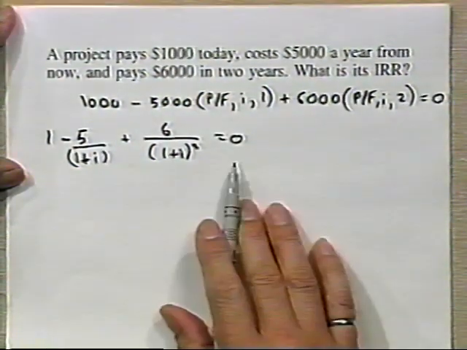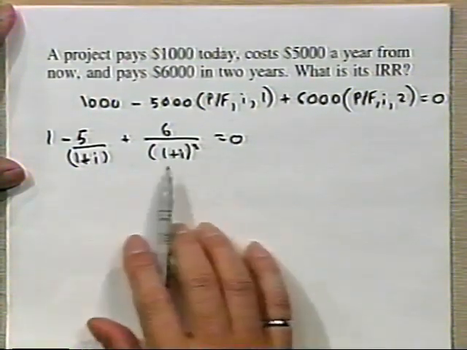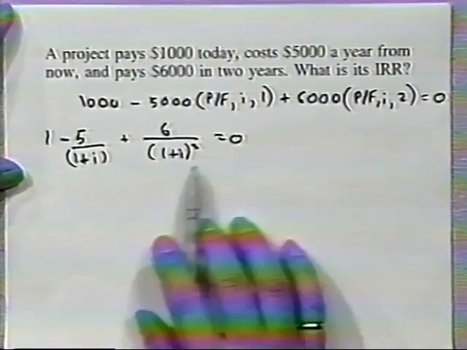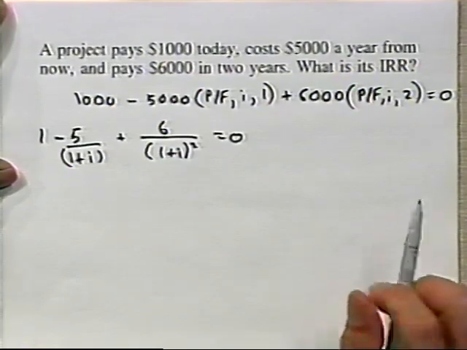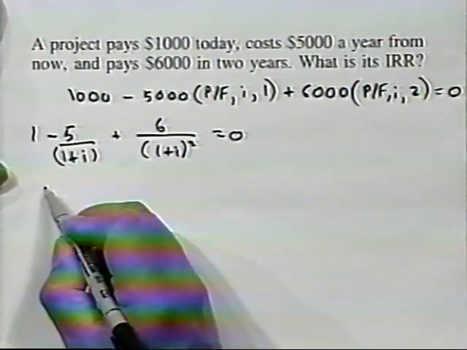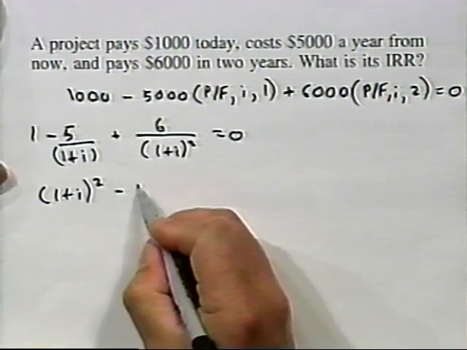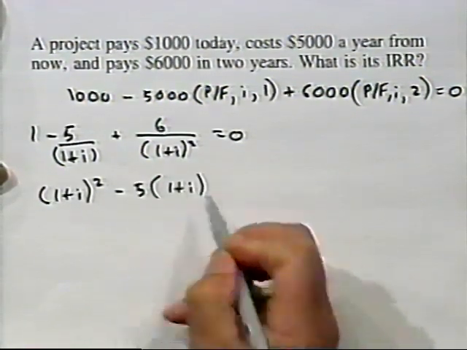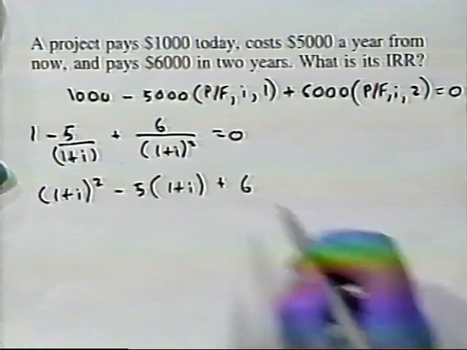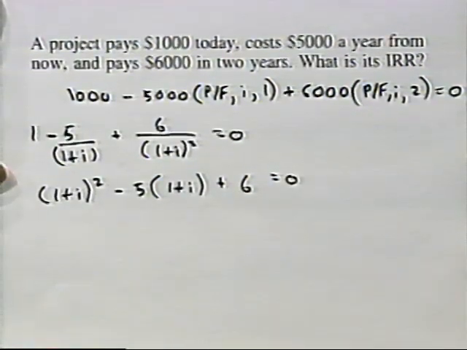If I multiply through both sides of this by 1 plus I squared, the right-hand side, of course, remains 0. I get 1 plus I squared minus 5 times 1 plus I plus 6 equals 0.